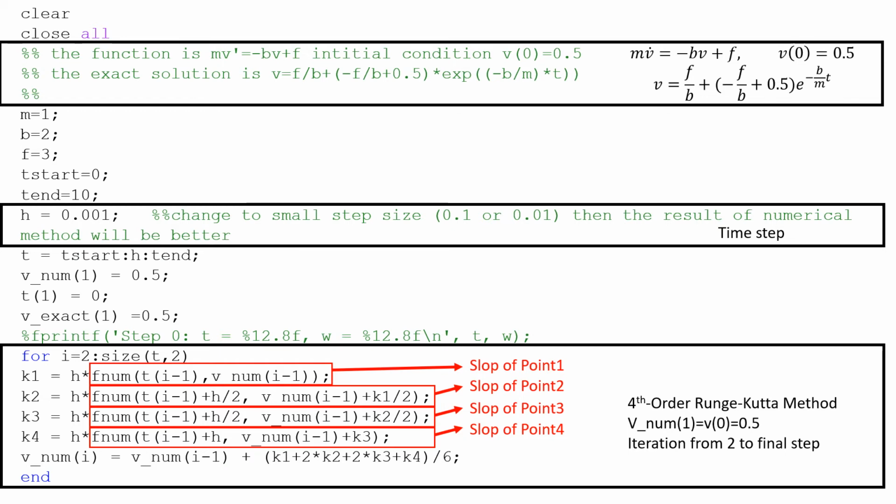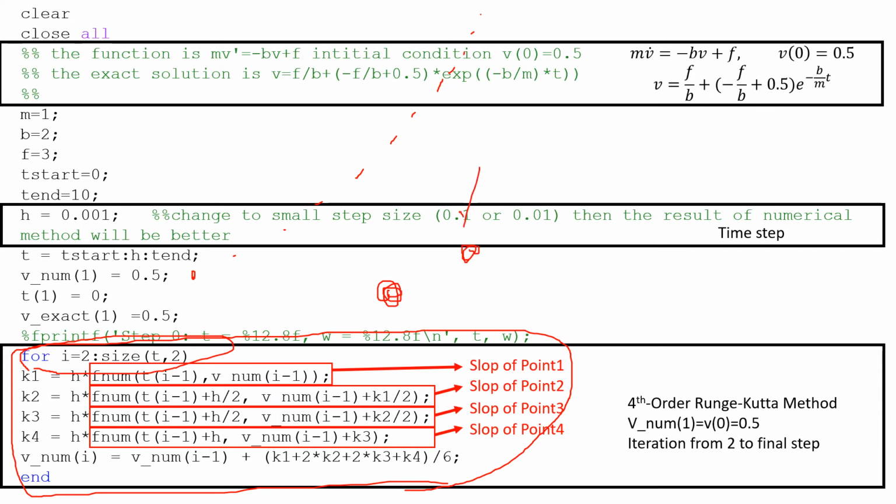So inside the ODE4 file, we actually write this kind of function. You can see we need to use a for loop to iterate point by point to get all of the solution. So this will be the first point. Then we get the second point. Then we use the second point as our previous point. For the first iteration, i should be equal to 2, so I use i equal to 1 to get the second point.